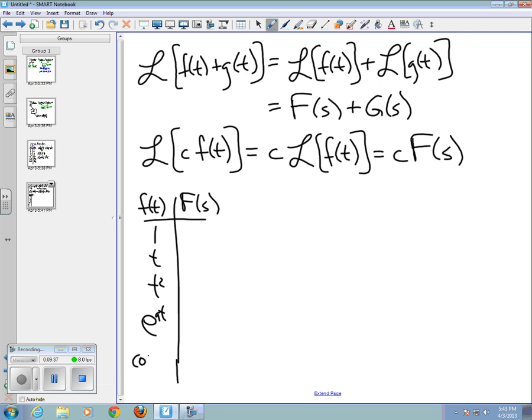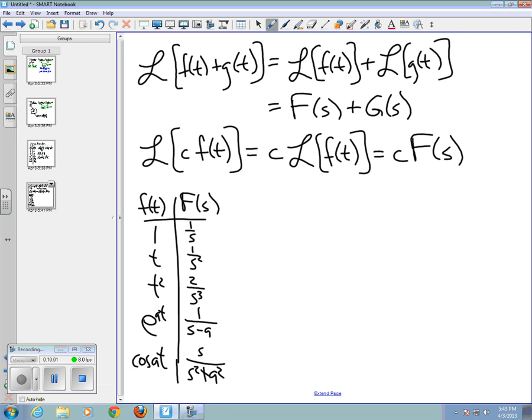We'll leave the sine out. This was 1 over s, 2 over s cubed, and the e to the at was 1 over s minus a. And the Laplace transform of cosine at, remember, was s over s squared plus a squared.